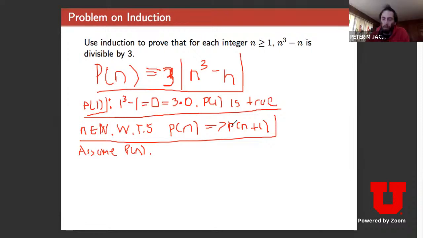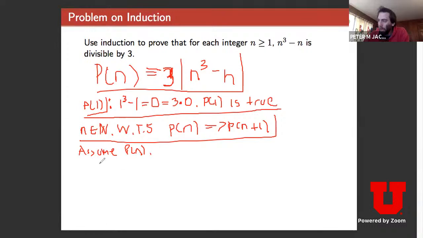The only difference is that you're doing that for every n greater than or equal to 2. Here, when we prove P of n implies P of n plus 1, we're doing it for n greater than or equal to 1. But both are going to be just fine. Okay, thanks. Yeah.